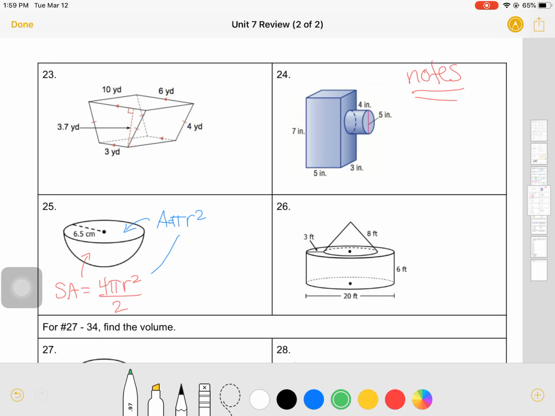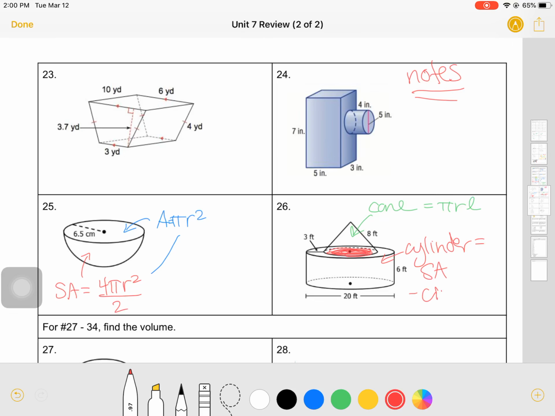On 26, for the cone on top, you only need this top part. You can't actually touch that circle, so we will just do pi r l. For the cylinder, you can do most of it. So we will use our full surface area formula that we talked about a minute ago, but what you need to think about is that I actually cannot touch this circle right here where it's overlapping.